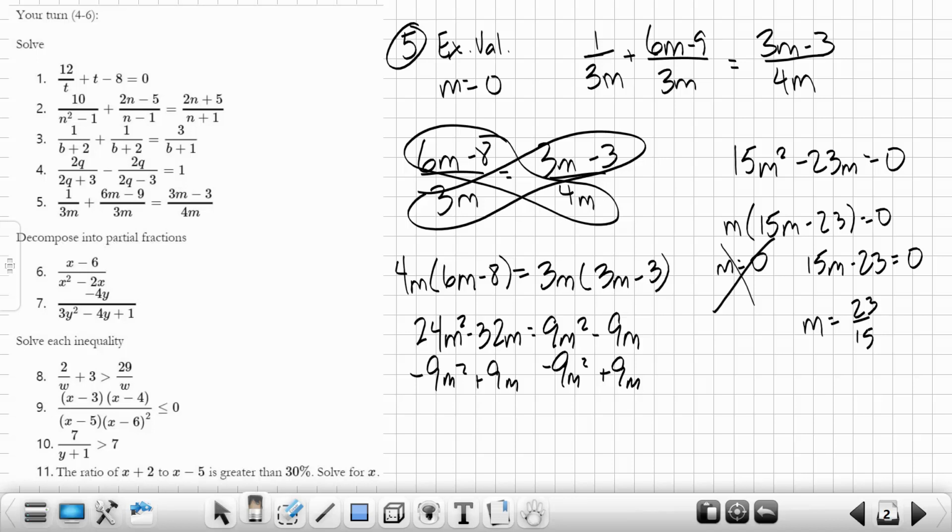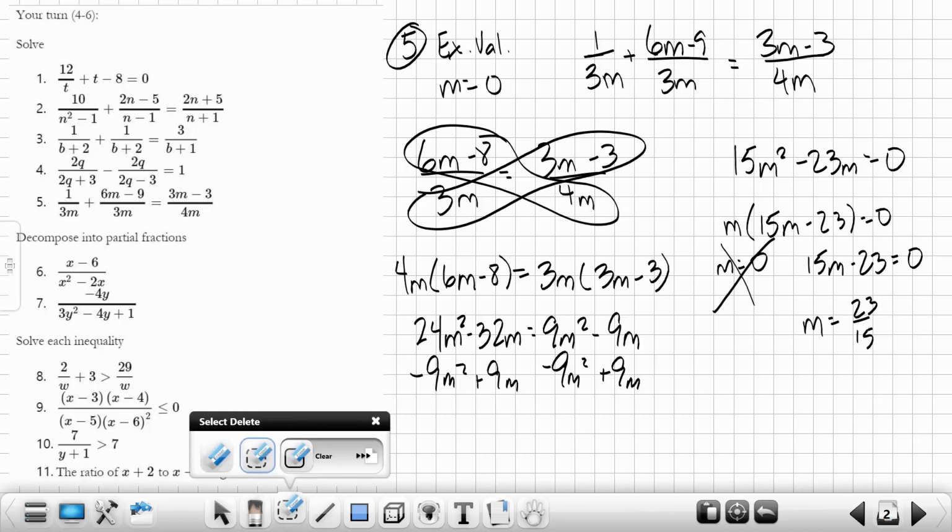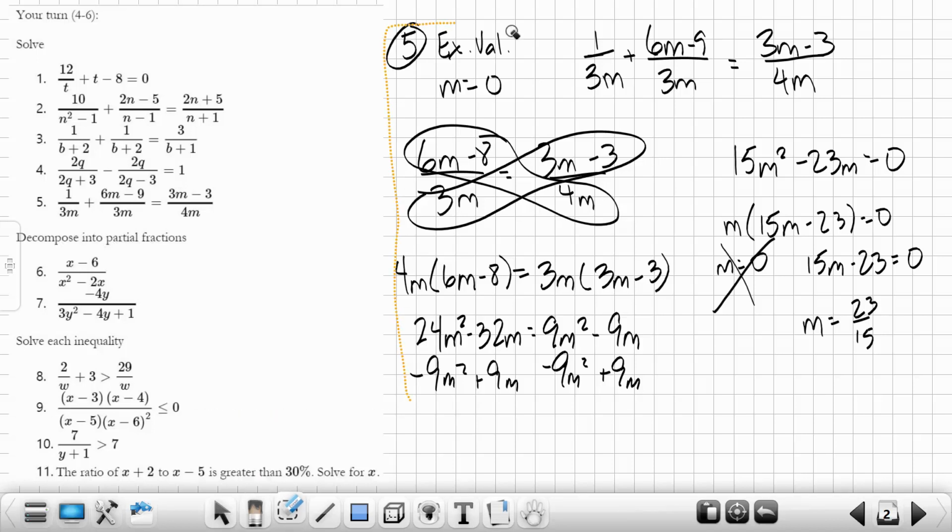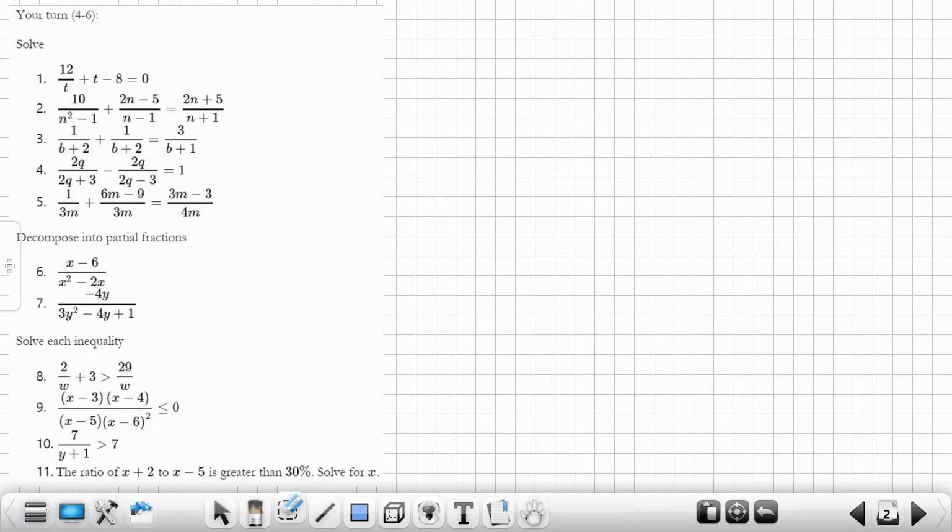Let's get to decompose into partial fractions that they're working on over there on the board. So we have x minus 6 over x squared minus 2x. So this is going to be x minus 6 over x times x minus 2.